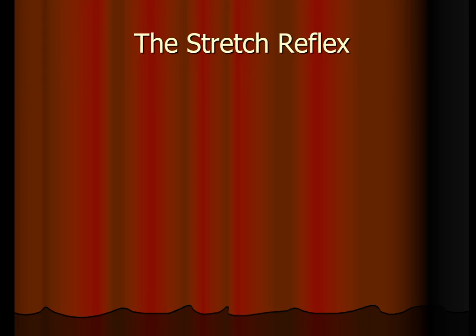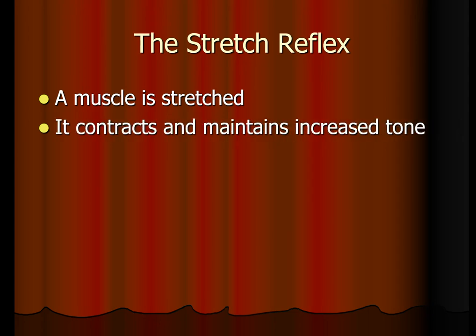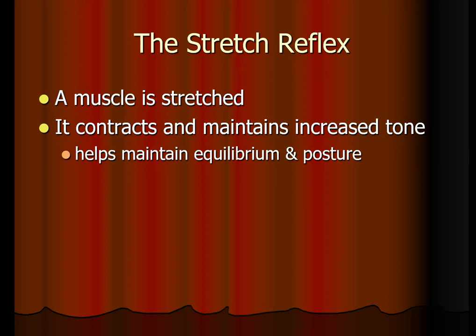Stretch reflex, it's the one we've been talking about, the patellar knee jerk. You send a little stretch through the muscle, and the muscle automatically contracts. Okay? This is to help you maintain equilibrium, posture, that type of thing. So, a lot of you guys won't be able to see it, but if I was doing something, you've all probably sprained an ankle at some point, right?